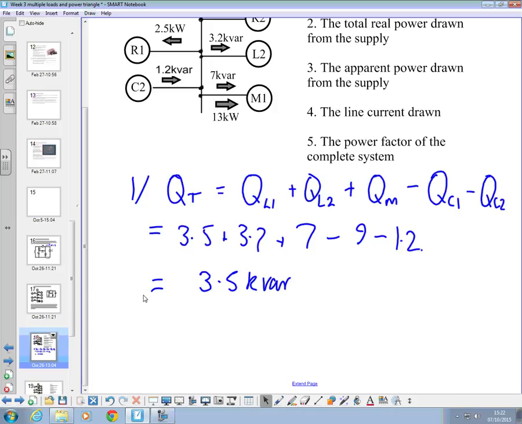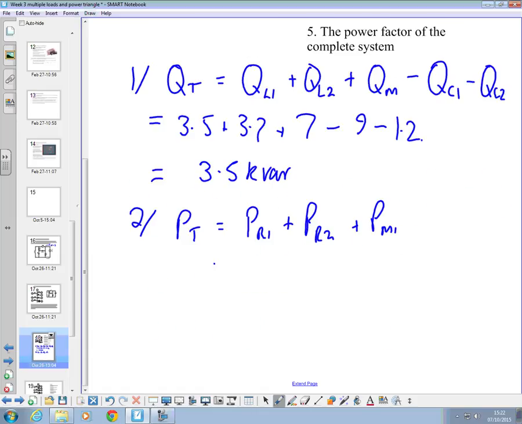So that's that. Second one is how much PT is. In that particular example, that has to be the power associated with resistor 1 plus the power associated with resistor 2 plus the power associated with the motor. They're the only three real powers in that system.